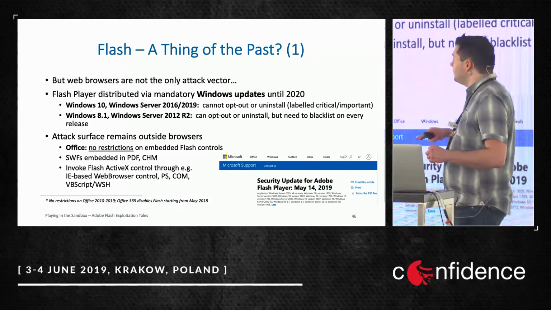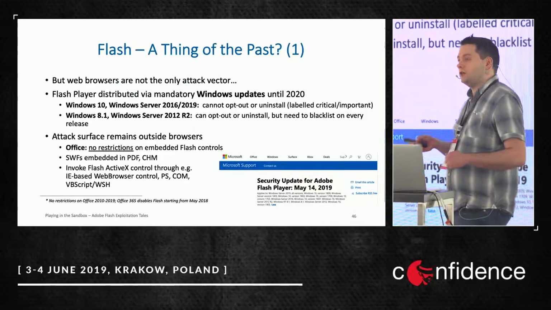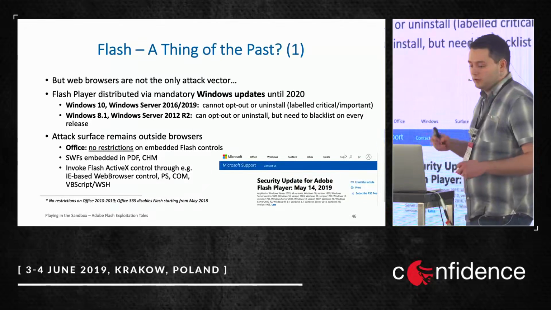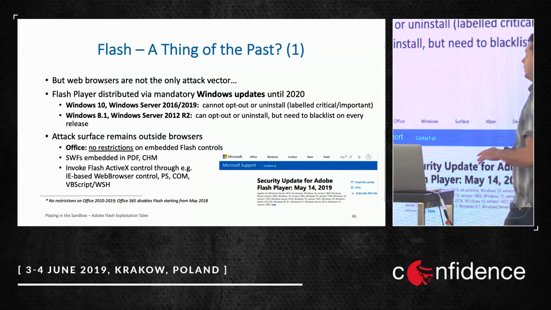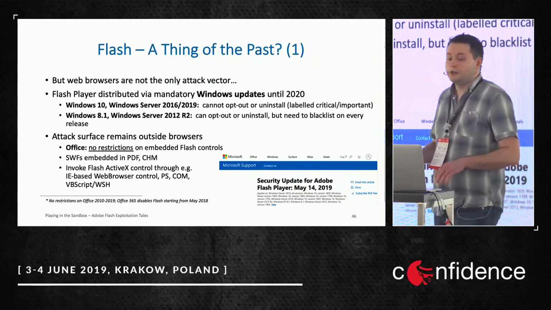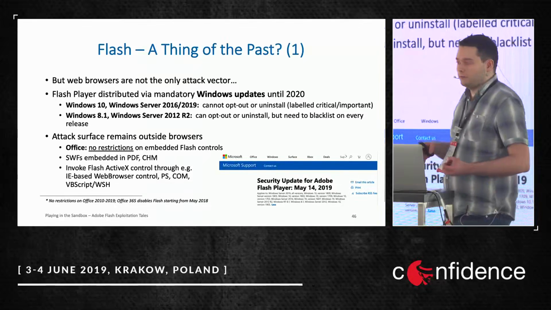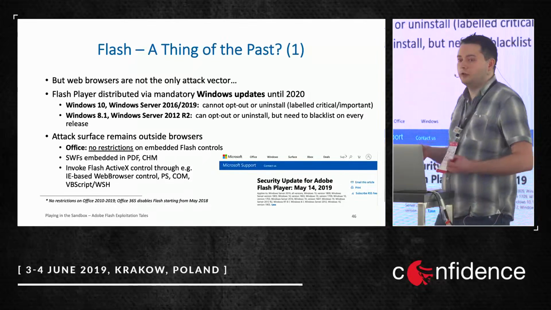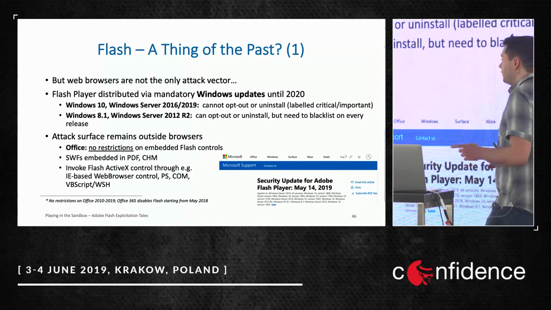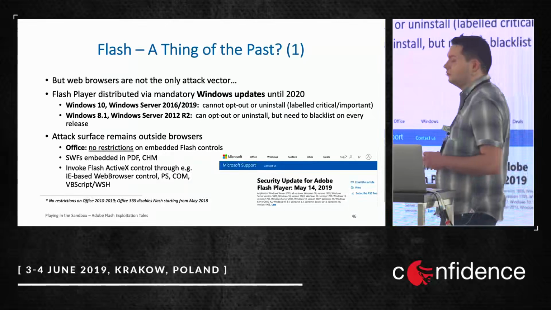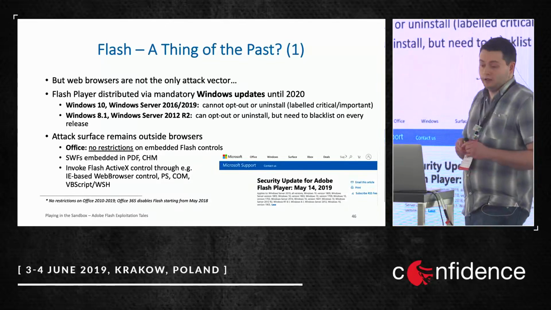So basically, this means that the attack surface remains outside browsers. And one of the most important attack vectors here is Office, because Office does not restrict Flash content at all, from Office 2010 up to Office 2019. There's one minor exception: if you're running the Office 365 version, then you are protected.